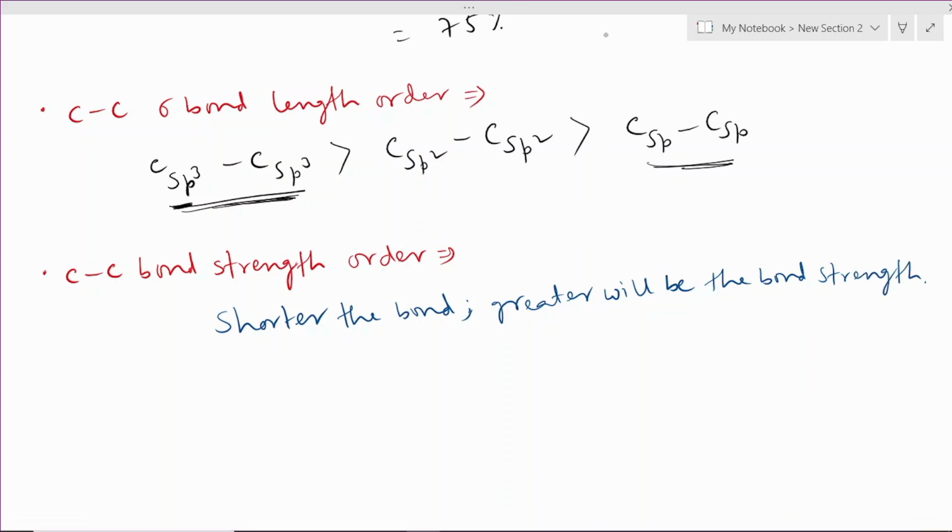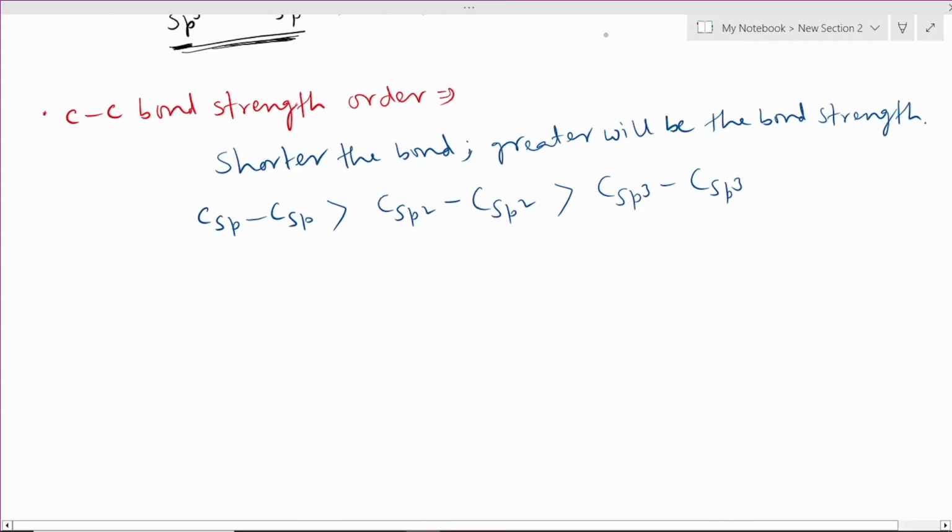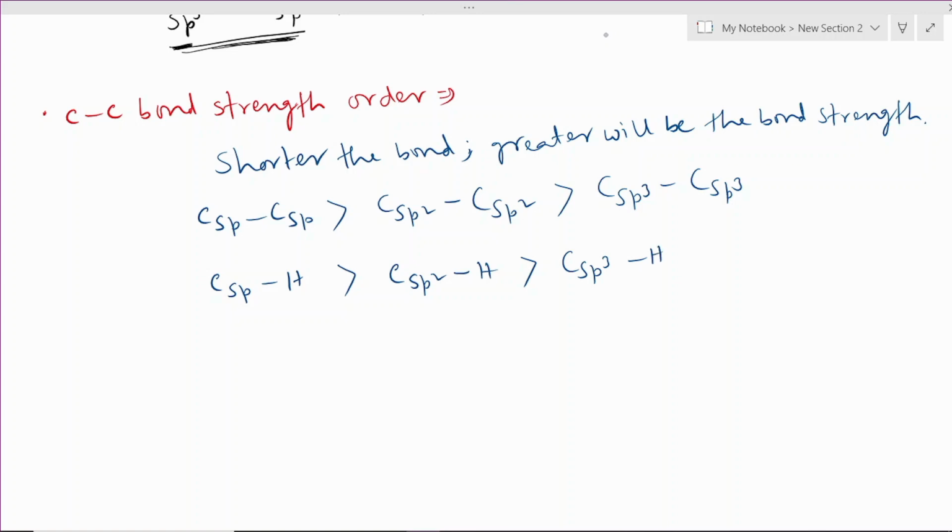So bond strength order will be Csp-Csp greater than Csp2-Csp2 greater than Csp3-Csp3. Similarly, we can write that bond strength order is Csp-H greater than Csp2-H greater than Csp3-H.